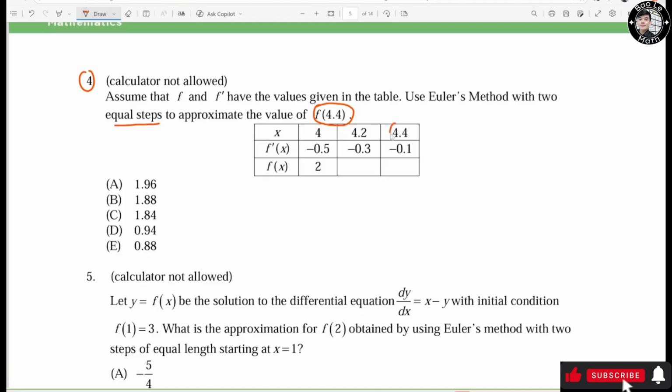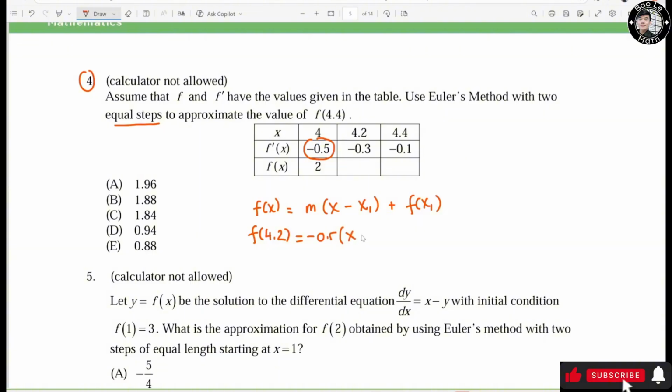So 4.4 is the final value right here, right? Remember, we have f of s equals the slope times s minus s1 plus f of s1, right? F of 4.2 equals the slope, which is negative 0.5 right here, right?